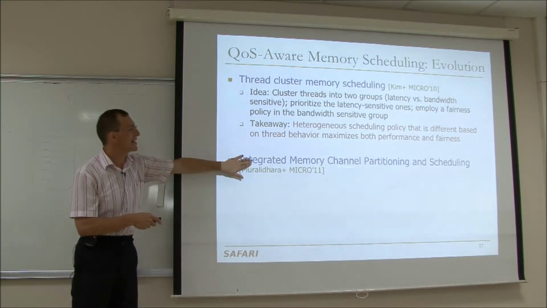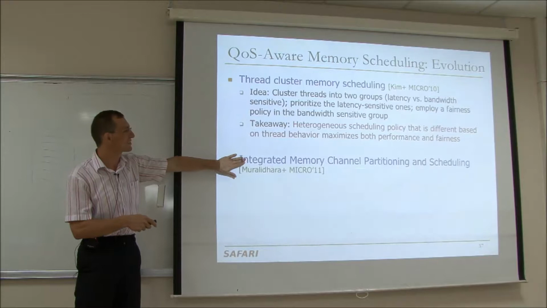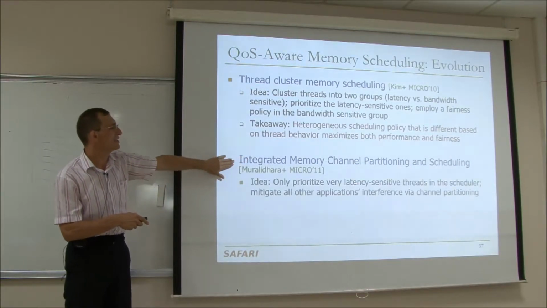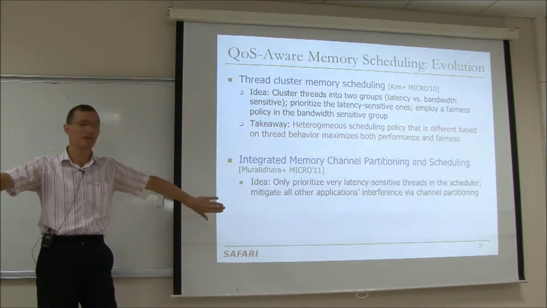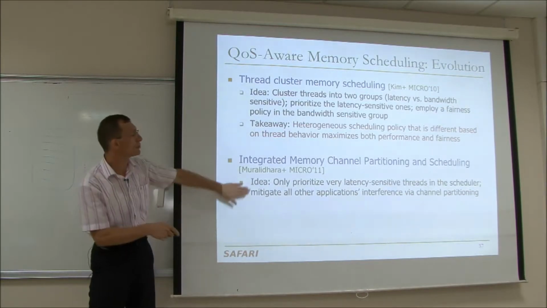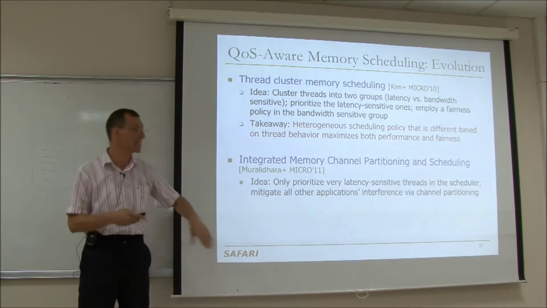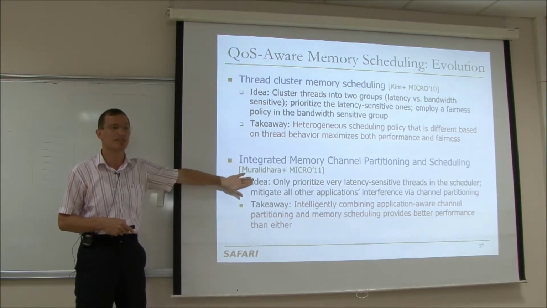So later, we looked at the dumb resources approach a little bit. The idea here is you can actually partition the channels across different threads to reduce their interference. Basically, if you do that, and also prioritize latency-sensitive threads in the scheduler, you can get a much higher performance scheduler.